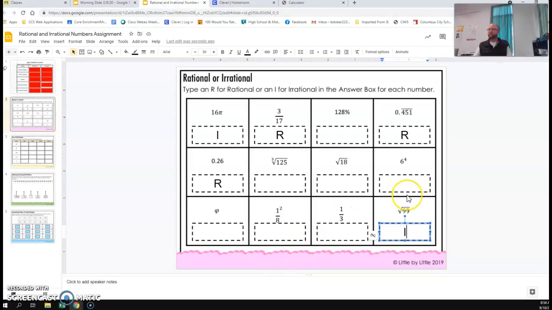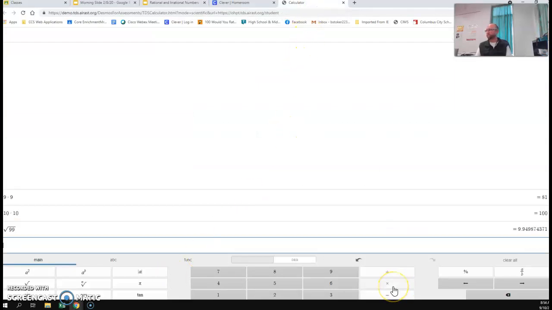The next one I want to look at, before we go any further, I want to cycle back to this one. This is a square root, meaning one number times itself. This is a cube root because you want to know what number multiplied by itself 3 times would give you the value underneath this radical symbol. Again, there's a way to evaluate that with this calculator that would save a lot of time.